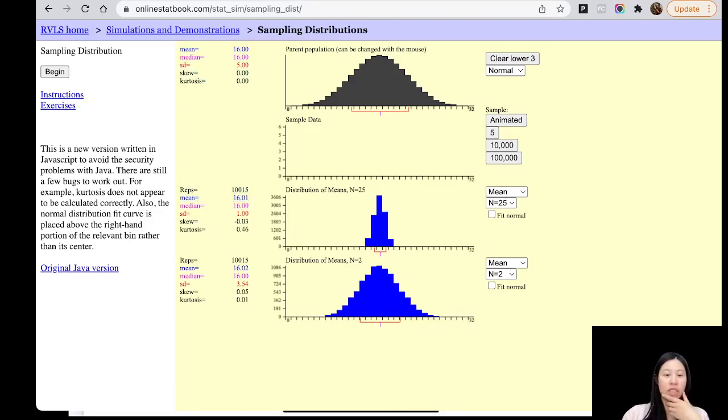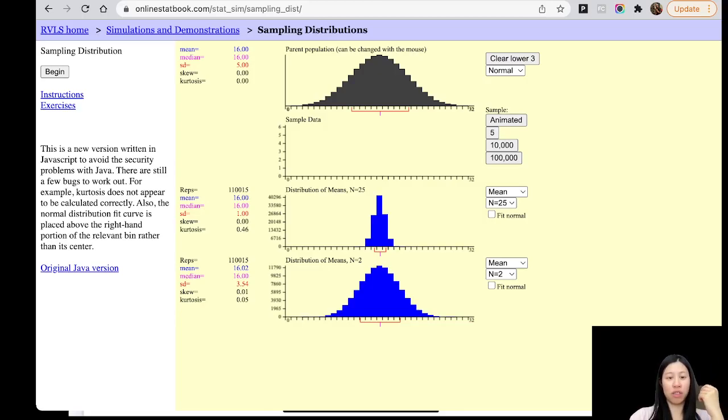However, the parent population has a standard deviation of 5, whereas with a larger sample size your standard deviation tends to be smaller, which is 1. With a sample size of 2, your standard deviation is 3.54. Now let's do another 100,000 random samples and see what happens.